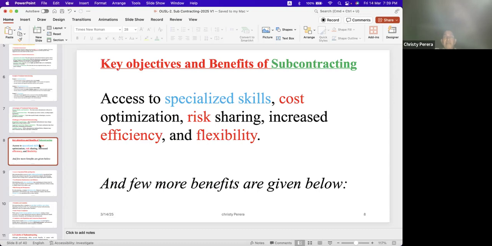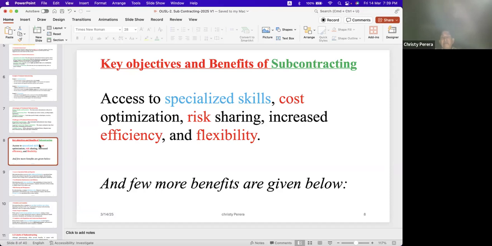Objectives and benefits are that you can get a good job if you give it to an expert to do it. Sometimes the main contractor might not have that expertise, those skills, right? Therefore, if you give it to someone else, we can get it done properly.